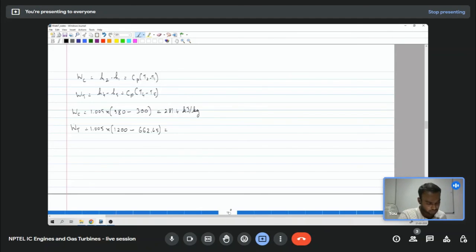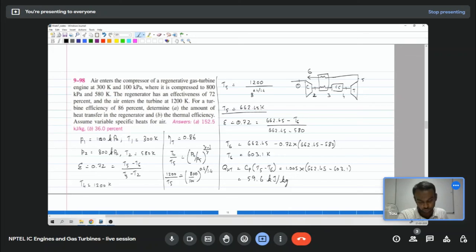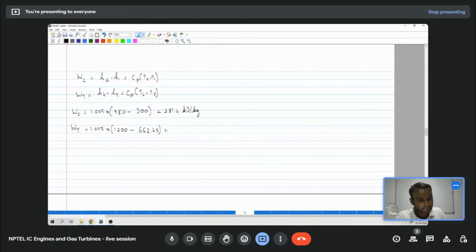I think in this problem I haven't used the turbine efficiency, but we have seen how to use it earlier, and it is not so difficult to use. The turbine work is 540.2 kilojoule per kg.